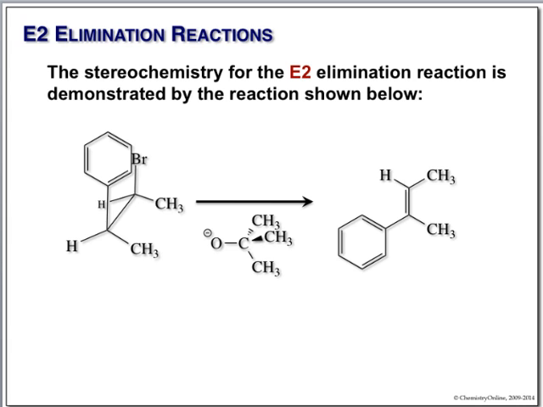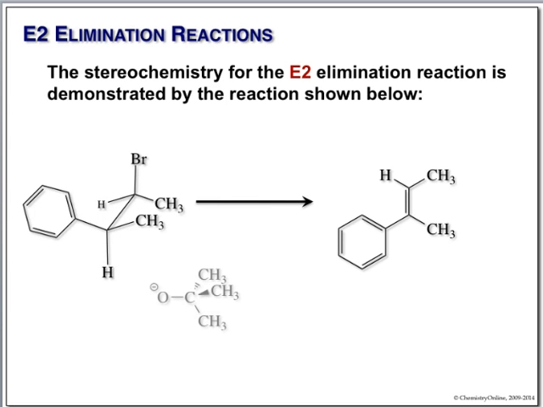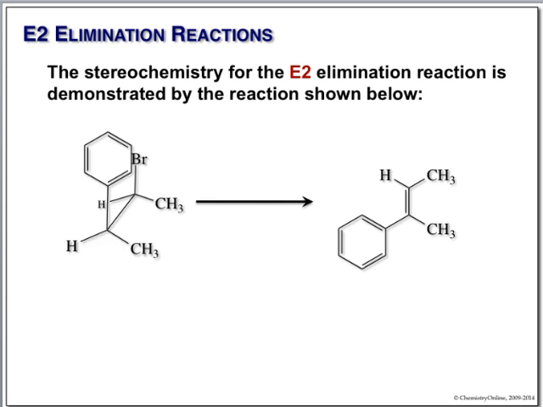This is our sawhorse configuration of our reactive material. What I'm going to do is take and rotate this a little bit so that the hydrogen is down. Let's put it back. Remember, it's up.